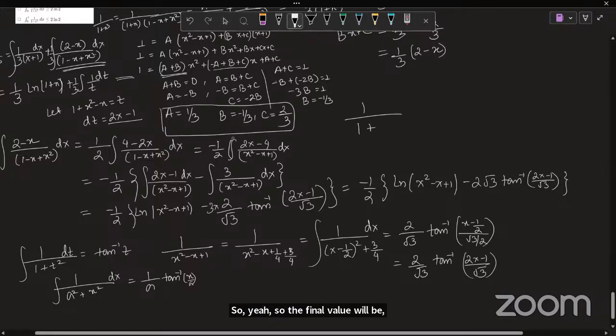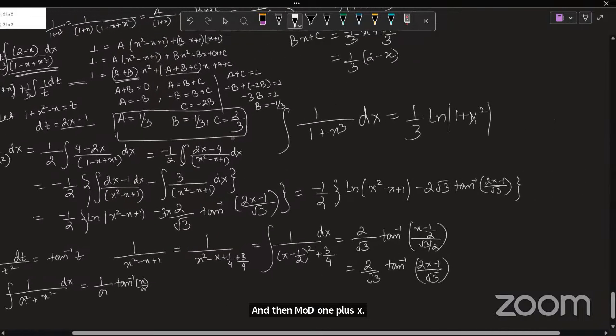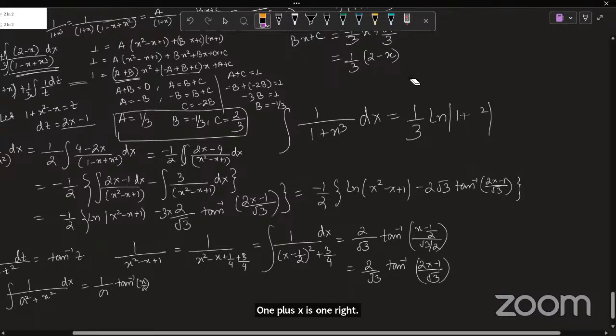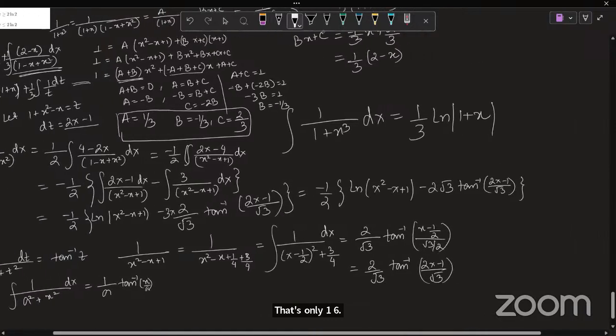1 by 1 plus x cube integration dx, indefinite integration, 1 by 3 and then mod of 1 plus x, plus 1 by 3.